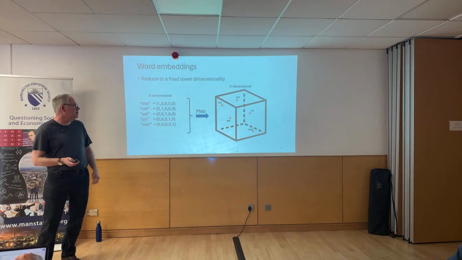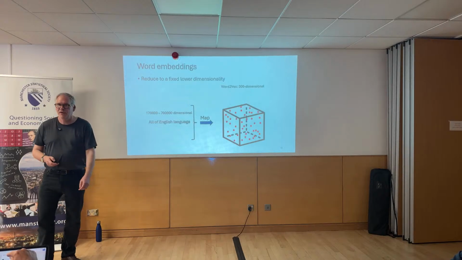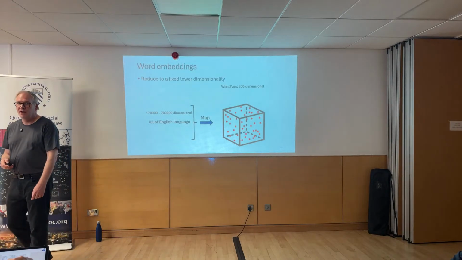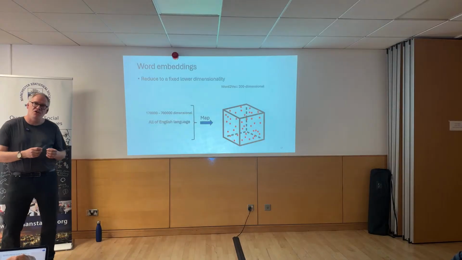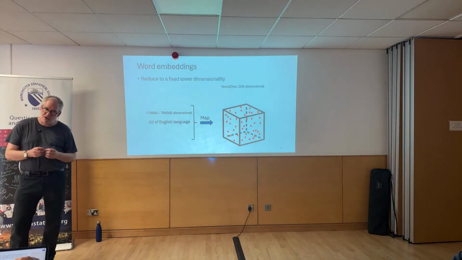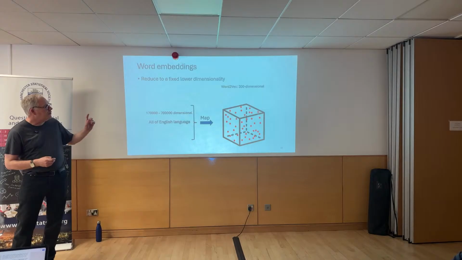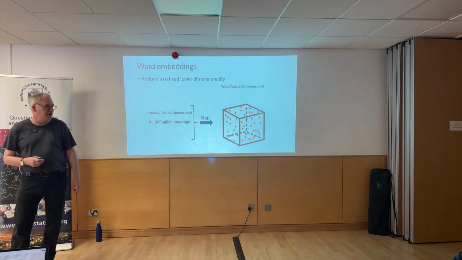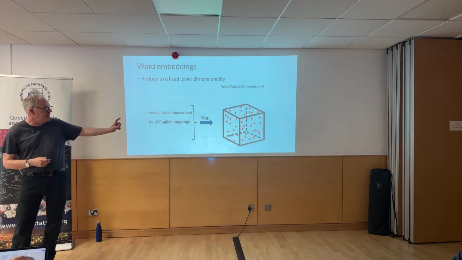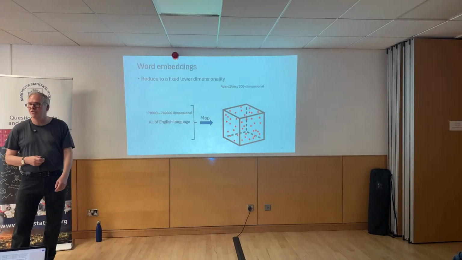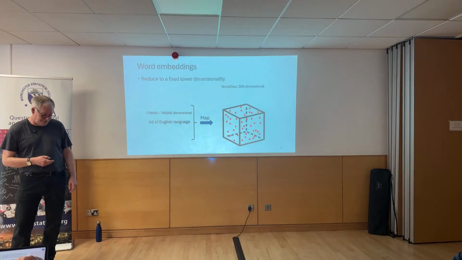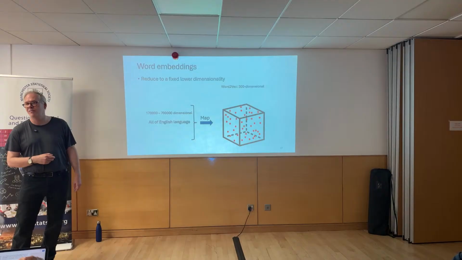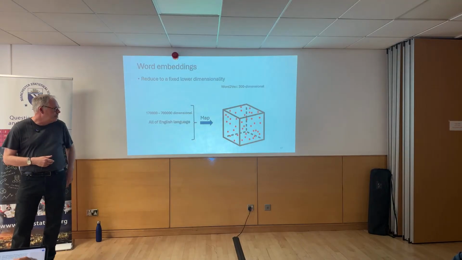When it comes to real LLMs, we just follow exactly the same process. It's just that we have much bigger vocabularies, much bigger training sets, and we map down to much bigger dimensionalities. So instead of mapping down to, say, a 3-dimensional space, we map down to something like a 300-dimensional space.